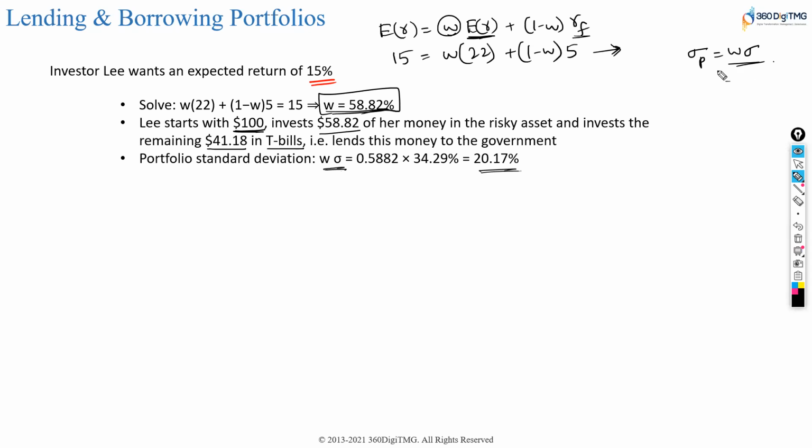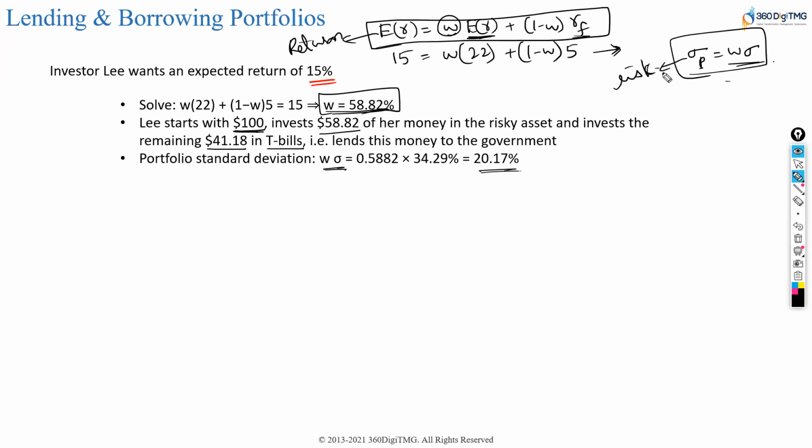So this is the formula. If you have one risky asset and one risk-free asset, this is the formula for expected return. This is the formula for risk. Risk, return is what we are looking at.